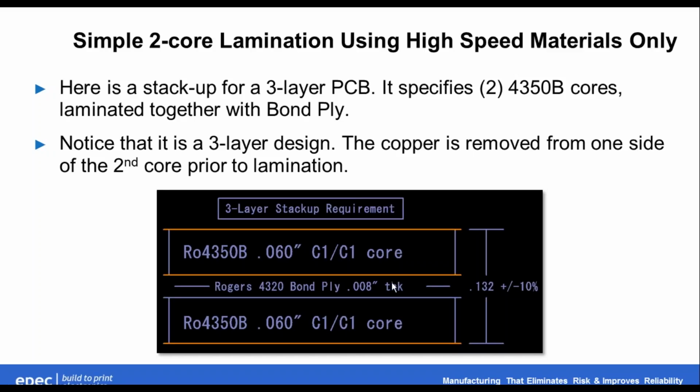Then it would be glued together to the other core, which has the other 2 circuit layers on it. You end up with a 3-core design. It's going to be slightly asymmetrical because you have 60 on this side, 60 on this side, but the 4320 bond ply adds 8 thousandths of thickness, so the distance between layer 3 and layer 2 is a little bit greater than between 1 and 2, but that's how that would be put together and laminated.